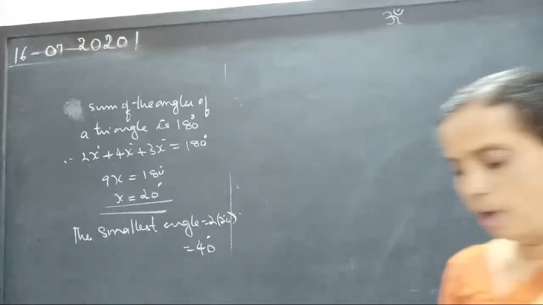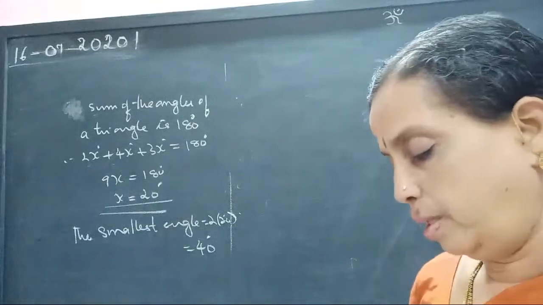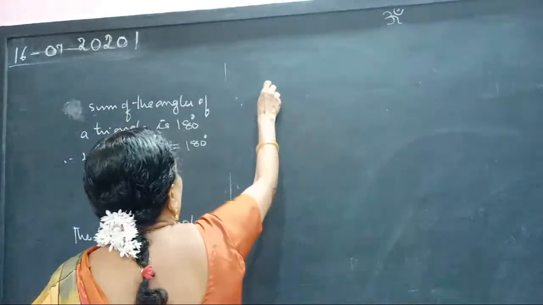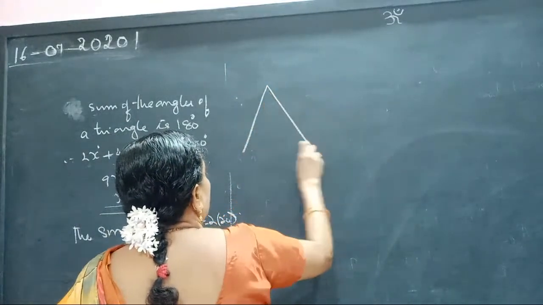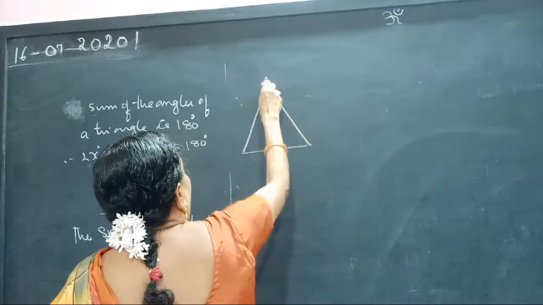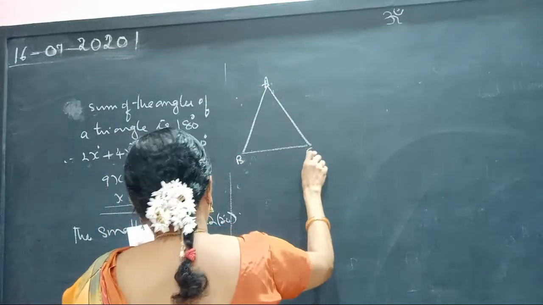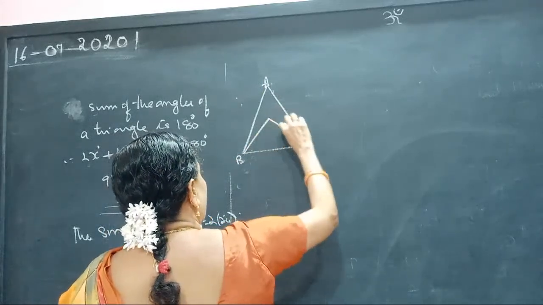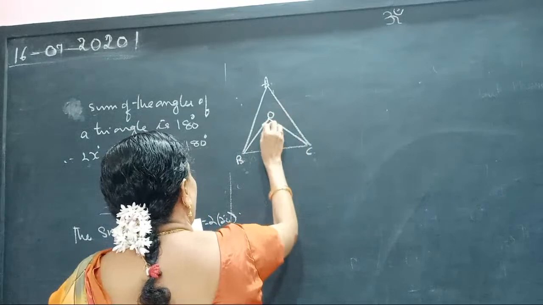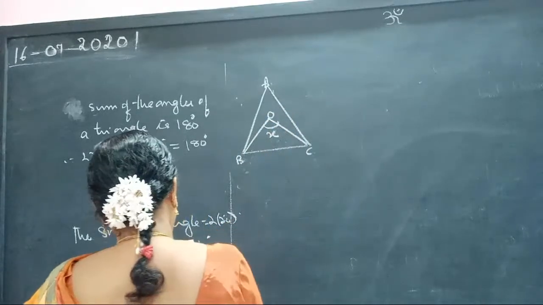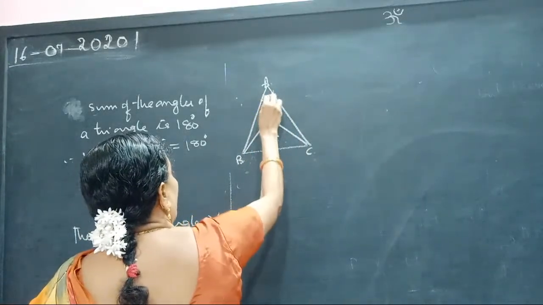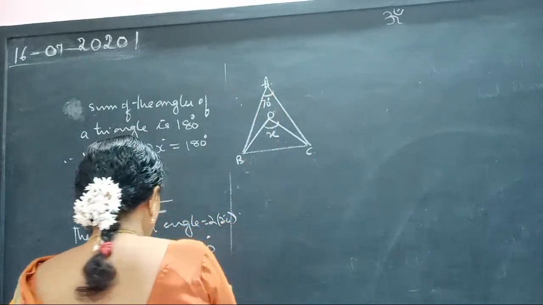This relation we have proved, that is, find the value of x. When they are the bisectors, what is the relation, you know?